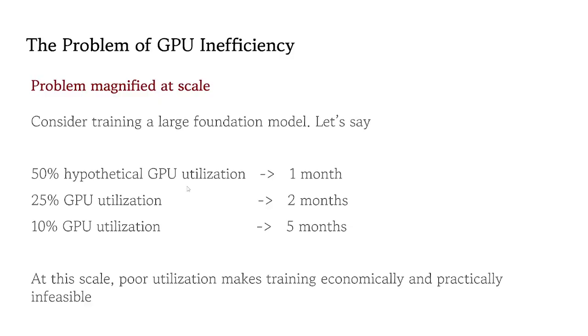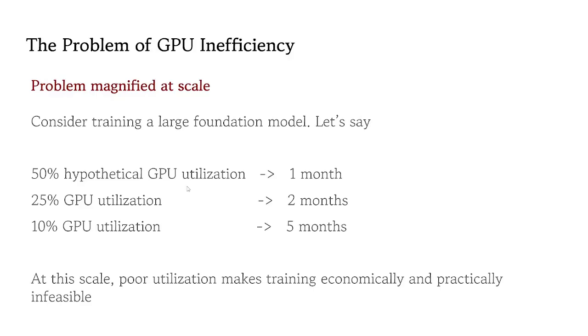With the large scale transformer models which we are working with today, consider a scenario where I'm able to use the GPU at 50%, which is a good rate, and let's say training a foundation model takes 1 month. We are not just talking about one GPU, it's probably a cluster of GPUs acting together in this case. And if the utilization is somewhat poorer, at say 25%, it takes 2 months to train.